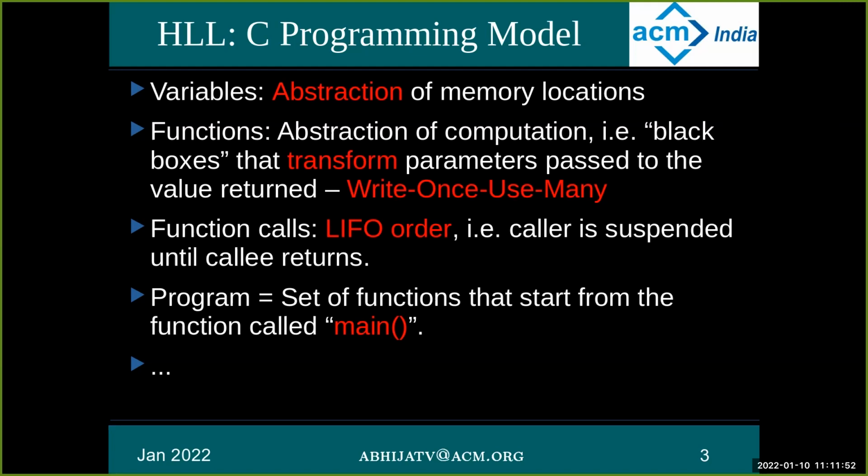So let's see how that goes. Variables, for instance, are an abstraction of memory locations. Functions in C are a sort of abstract computation. That is, they are kind of black boxes that transform parameters passed to the value returned. And in particular, you write the function once and use it many times. But that actually is the essence of computation anyway. You describe the process and apply it to many different specific instances.